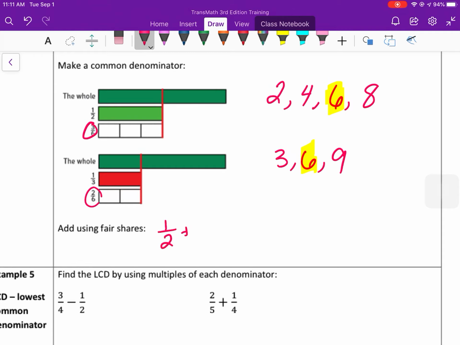So instead of 1/2 plus 1/3, you change that into 3/6 plus 2/6. Now that they are the same, you can see 3 plus 2 is going to give me 5/6.